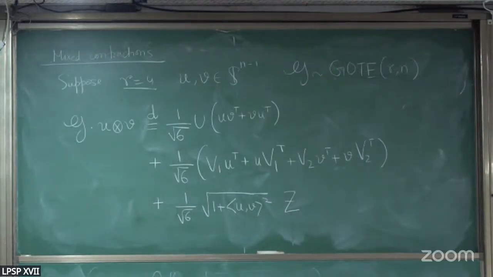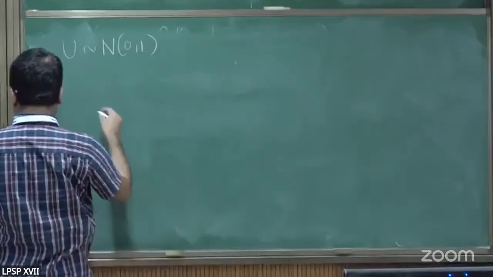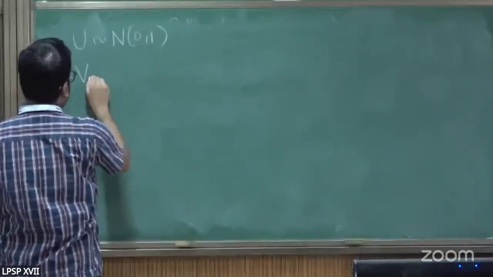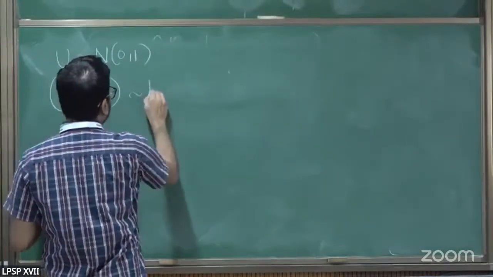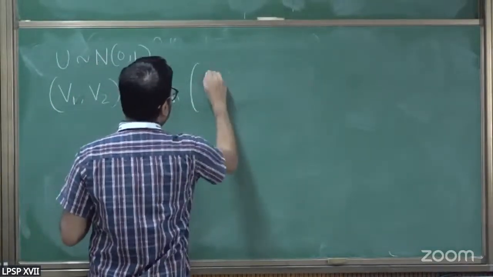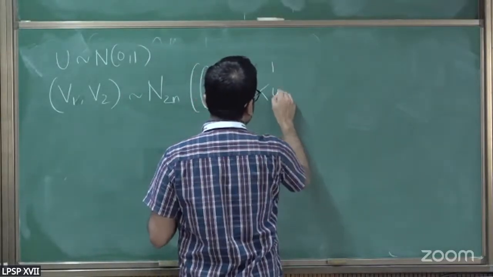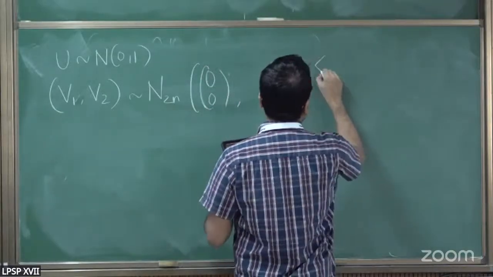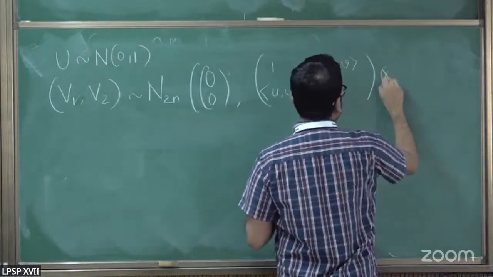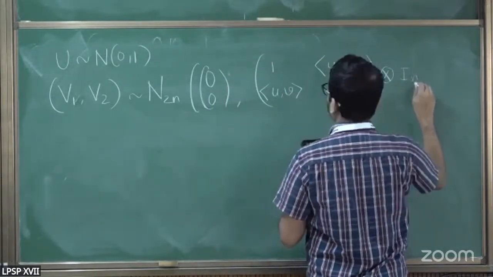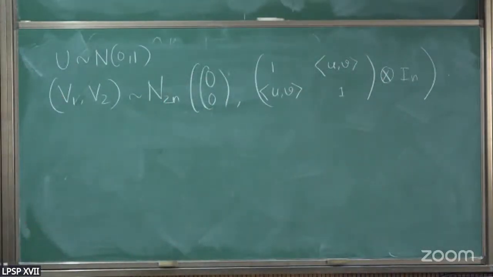So U is a standard normal, and V1, V2 are jointly Gaussian with the following covariance structure. Okay. So this is the complete explanation of the covariance structure of this matrix.